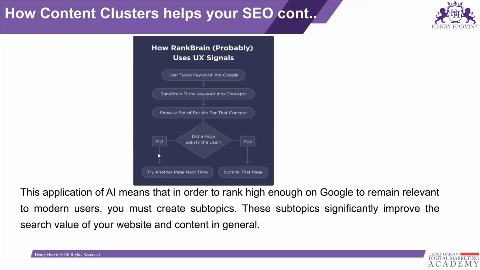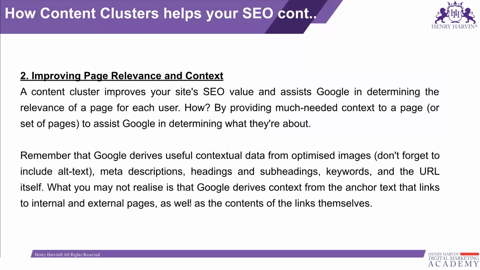If it satisfies the user, then definitely the rank of the page will improve. But if the user is not satisfied, then it will show another page. So it will improve your page relevance and context.